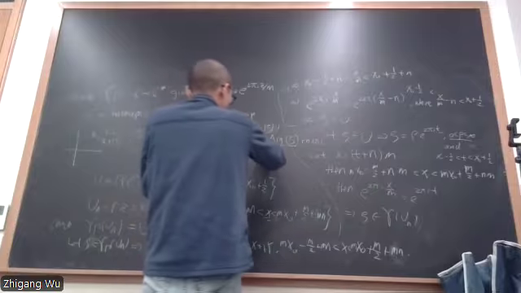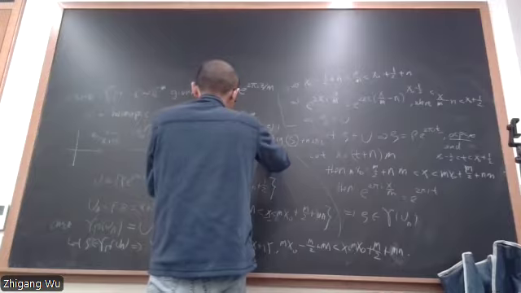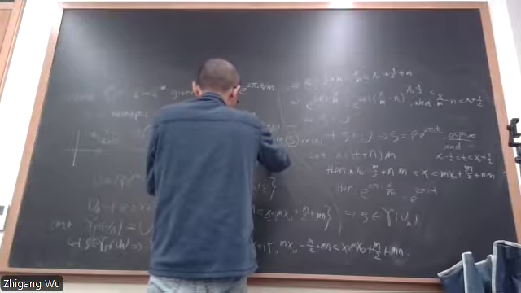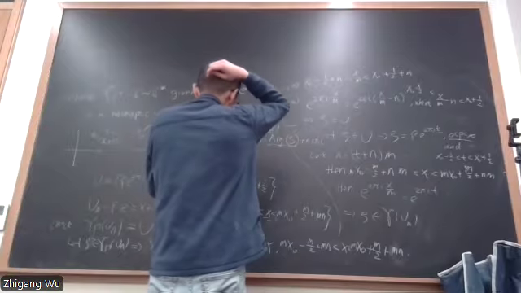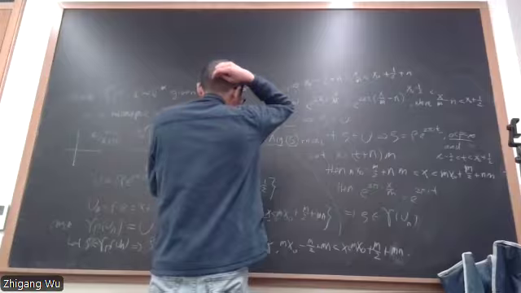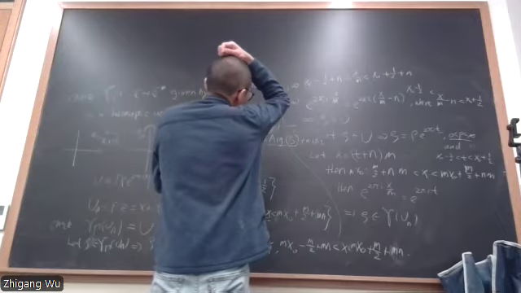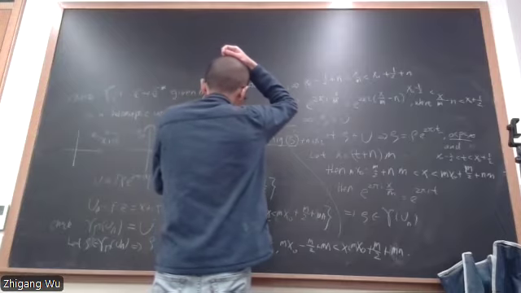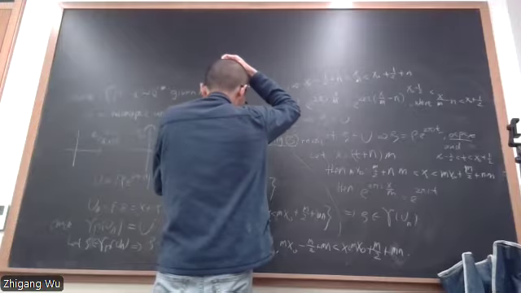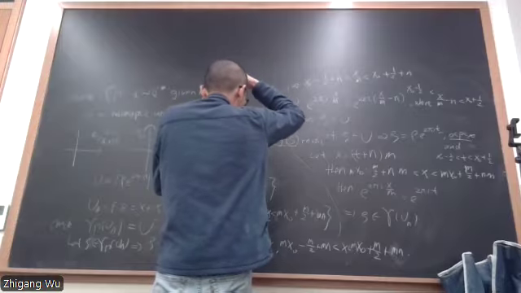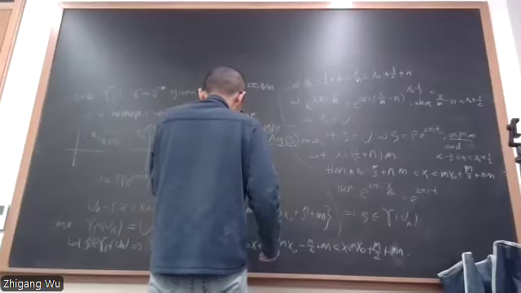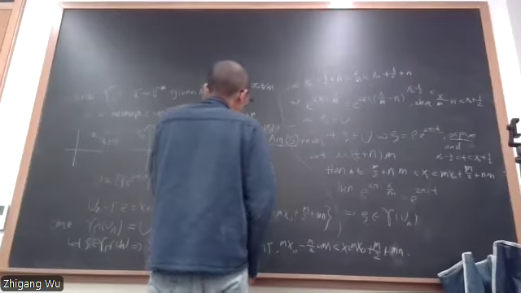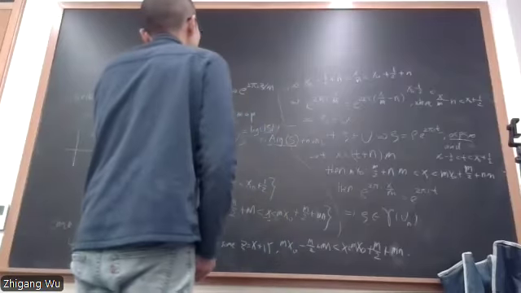So after you divide by i, and then you multiply by wait, hold on. I think there's an issue about the scale. Okay.